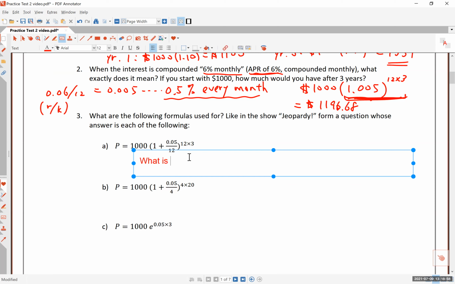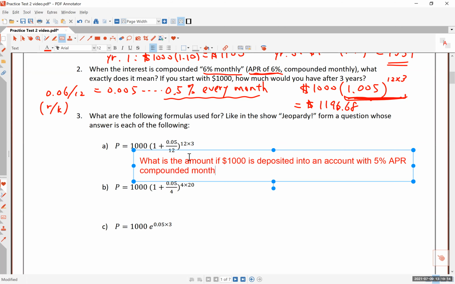This is, what is the amount if $1,000 is deposited into an account with 5% APR, compounded monthly. How do you know it's monthly? Well, because the number 12 is used. And how many years? If you look at the exponent, that's 12 times 3. So that's for 3 years.